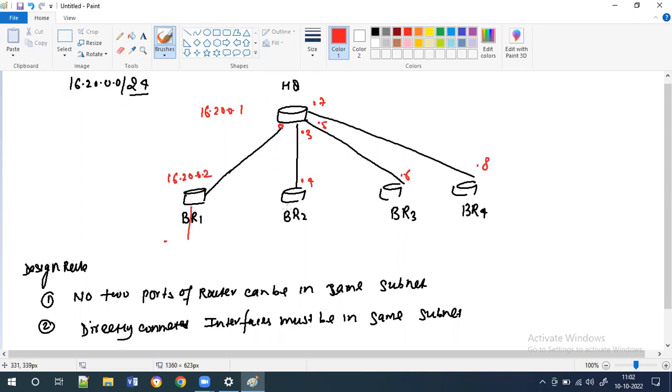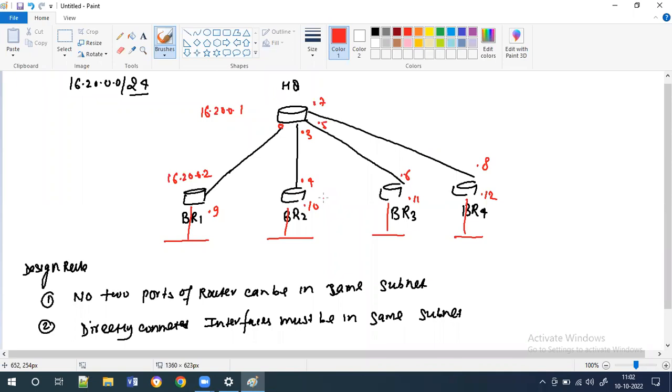Similarly, we'll also have the network on the LAN side. So we'll assign here .9, .10, .11, .12. So I have a single subnet that I can use to assign the IP addresses.